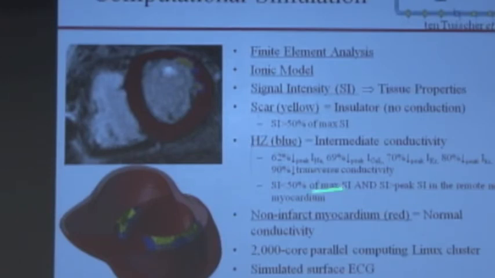You could say, well, what if you use different values for these ionic currents and different values for the conductivity? Would it make a difference? Interestingly, it seems to make amazingly little difference. The sensitivity of the model to all these different parameters is surprisingly little. I haven't done the models, but they tell me that it's very insensitive to these changes.